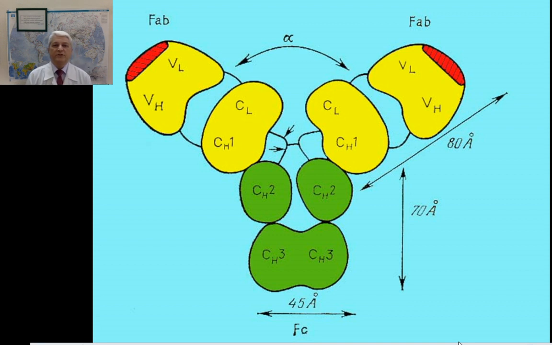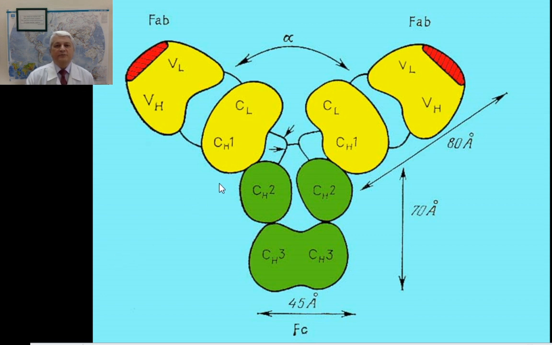This is important because here we see that VH and VL domains form a superdomain by hydrophobic interactions, and there is also a superdomain formed by CH1 and CL, and also by two CH3. This I have already told you before, but now you can see it simply on the picture.